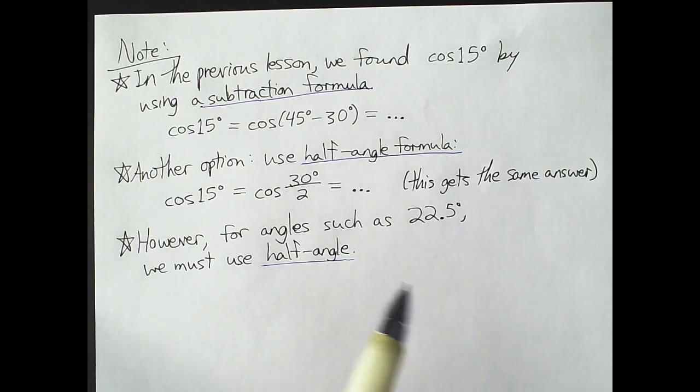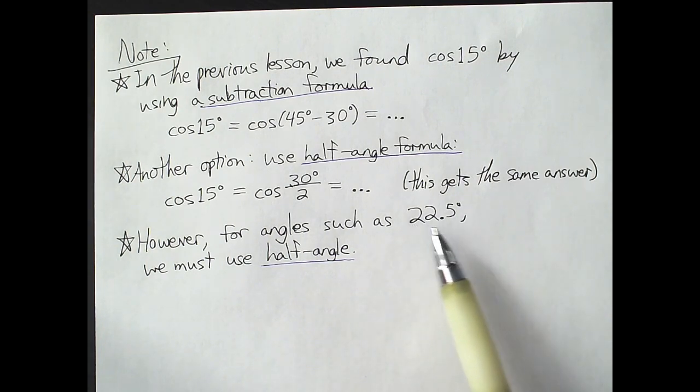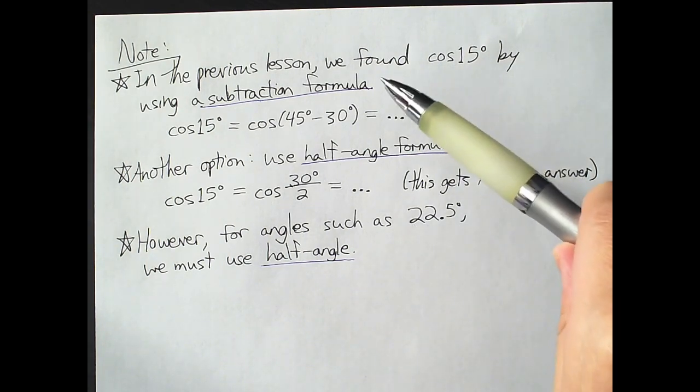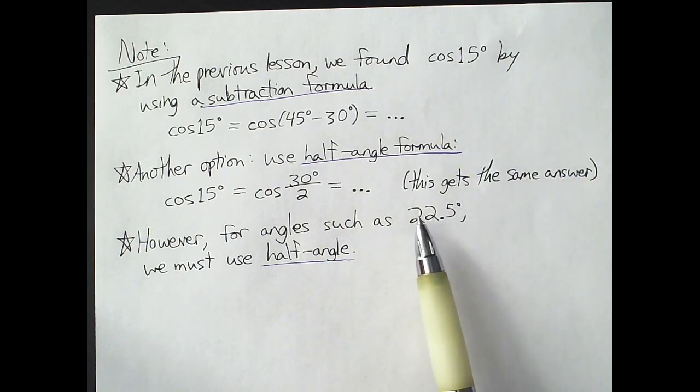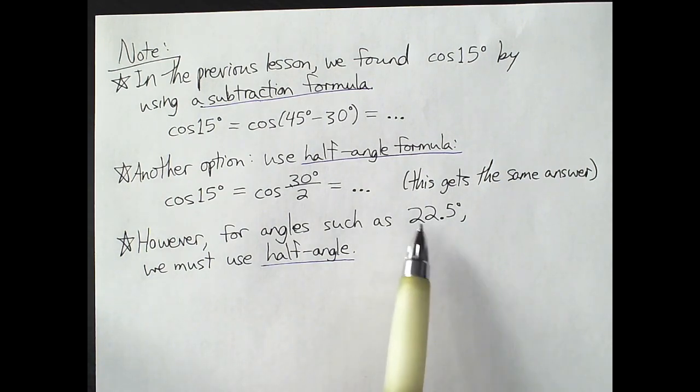And it's an angle that I don't think we could find an addition or a subtraction of two common angles that we know, like 45 minus 30 or 60 minus 45, or even try to get 90 involved somehow. I don't think we're going to find two that when you add them together or subtract them, you get 22.5. So addition and subtraction formula is not really an option for this problem. That's why the half angle formula is really nice, because it lets us solve that type of problem.